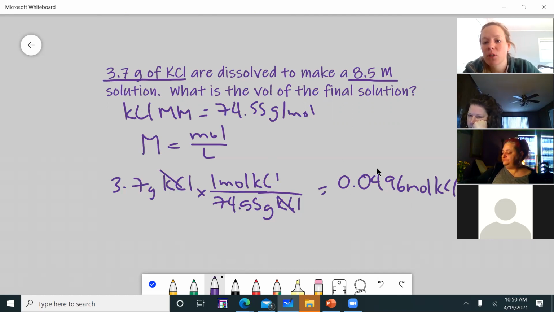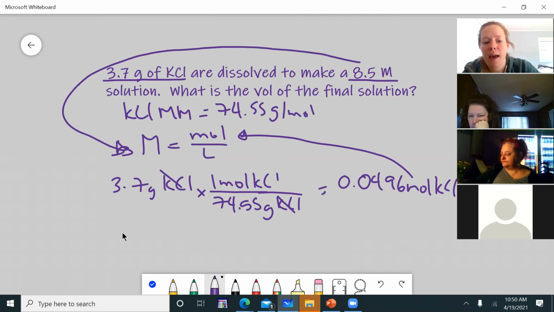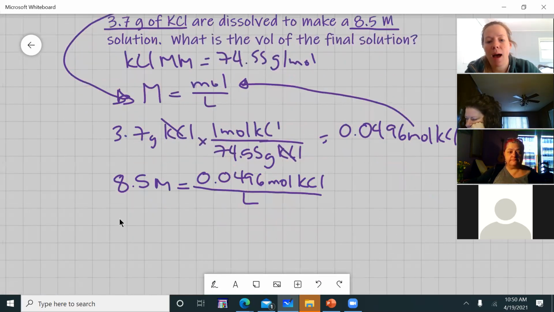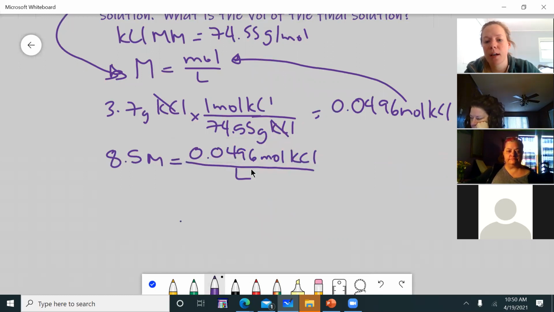Now I can plug this into the equation. I have the mole value and I have my molarity right here. So I have that 8.5 big M is equal to 0.0496 moles of KCl divided by my volume in liters. Now you need to get liters by itself. Since liters is on the bottom of the fraction bar, I'm going to multiply this by liter so that it cancels, and then multiply this side by liter.